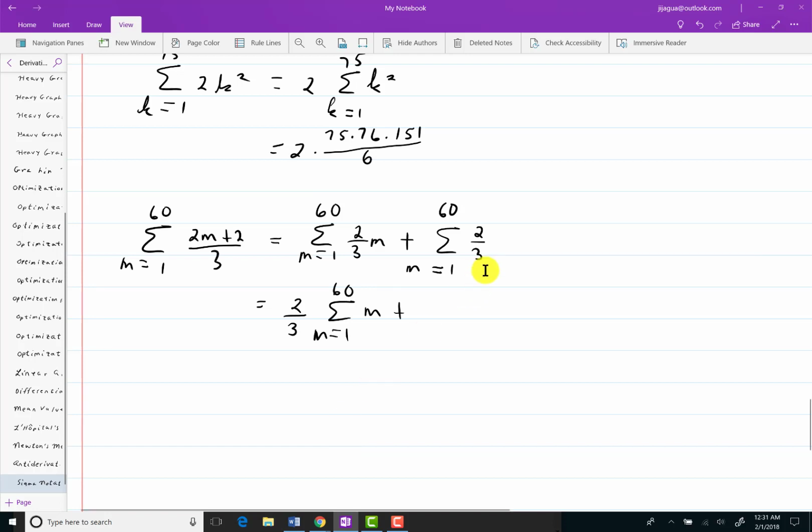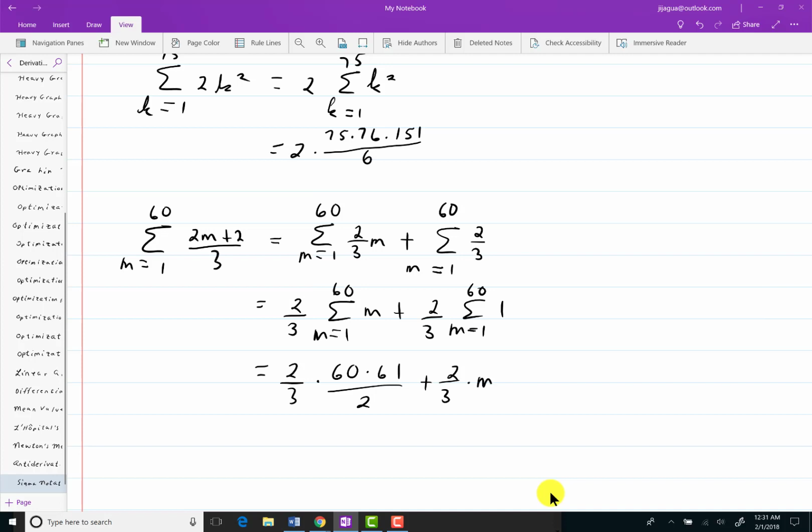And I can do the same thing over here as well. And then I can make use of the formulas. Formula for this one is n times n plus 1 over 2. So I would have 60 times 61 over 2 plus 2/3 times, and this will be m times 1, so just m.